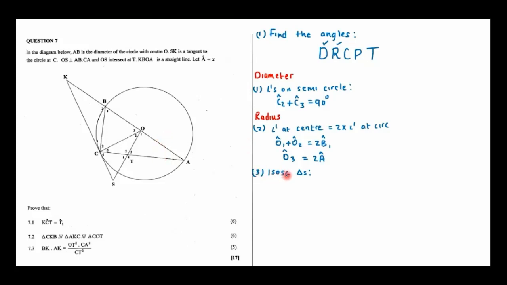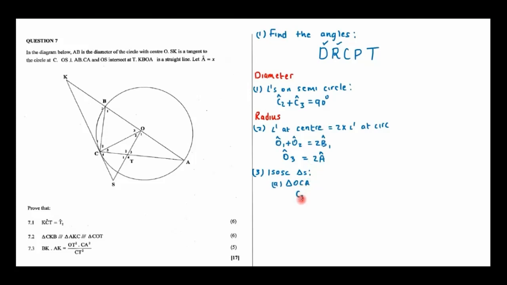So here we can see that we have a triangle. Firstly, I'm going to start with the first one, which I'm going to write as triangle OCA. What can I take from triangle OCA?